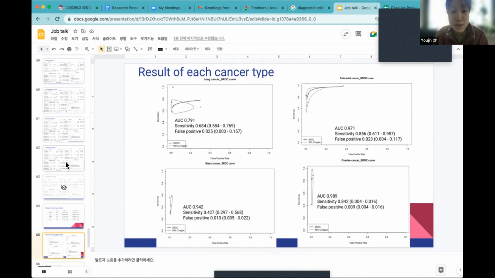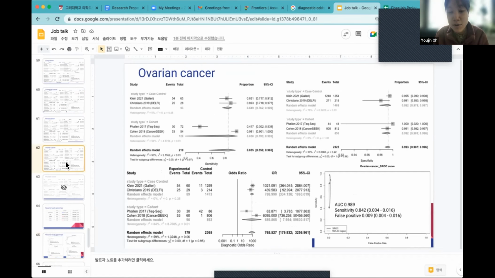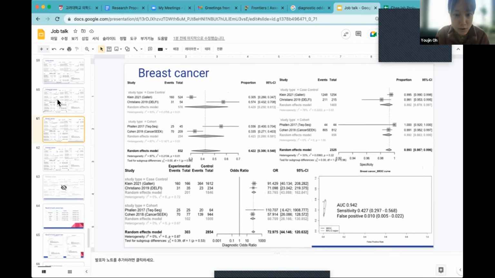There are a handful of studies that I can pool, at least 3. I'm thinking of not classifying them into case control and cohort, but to be consistent, would it be better to keep classifying by type? I like it better. Okay, so at least 4 studies are there for each cancer type, I think.